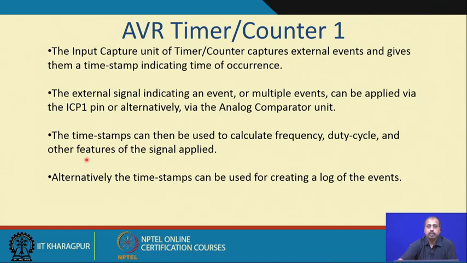We can use this time stamp for calculating frequency and duty cycle. As I was telling in the last class, you can capture two different points of a signal and accordingly determine the frequency or the duty cycle of the signal.